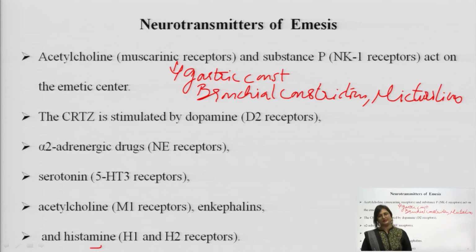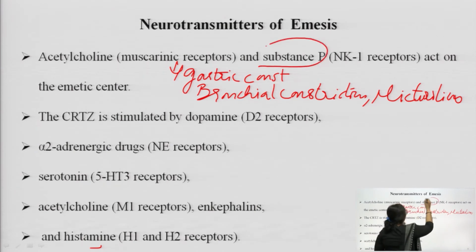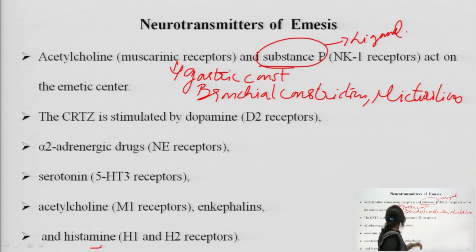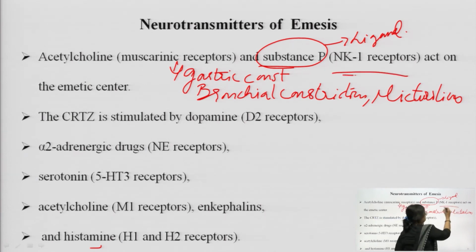Clear, all of you? Now, apart from acetylcholine, there is another substance known as substance P. This substance P is a major ligand for NK1 receptors. These NK1 receptors are a family of peptides, and they all act on the emetic center.